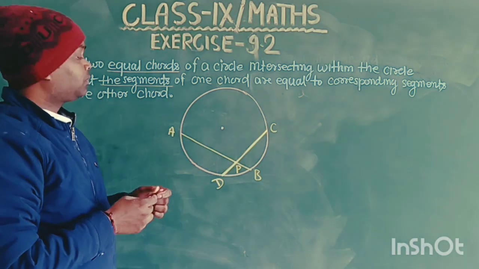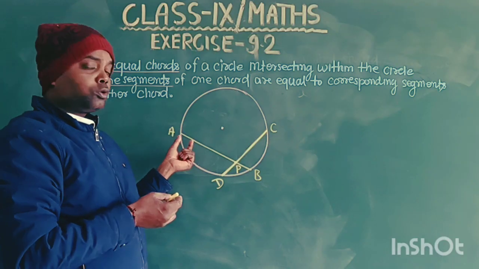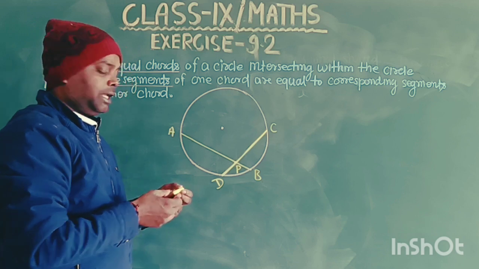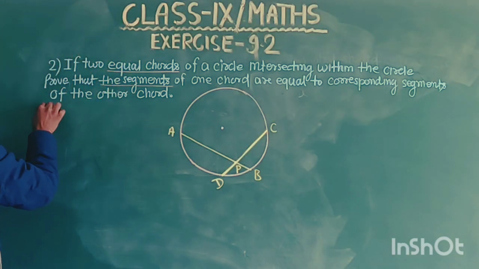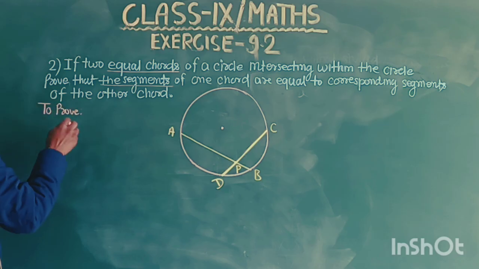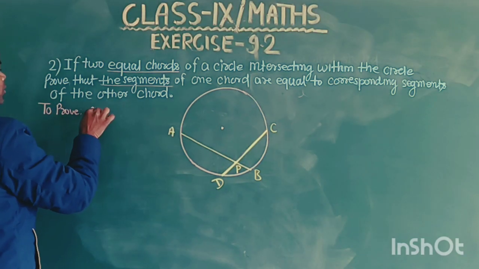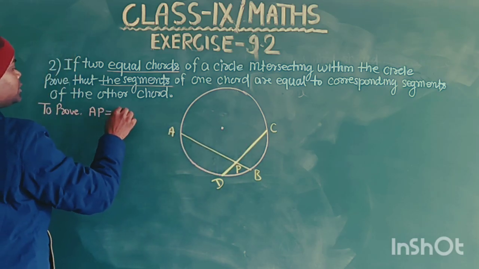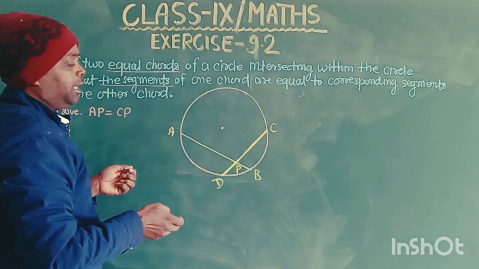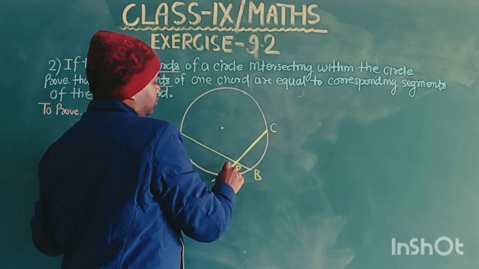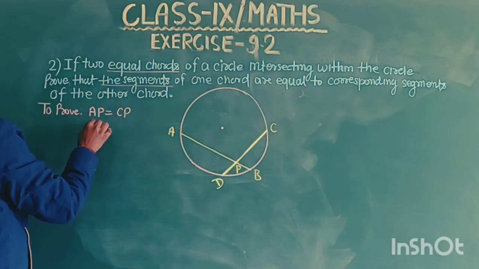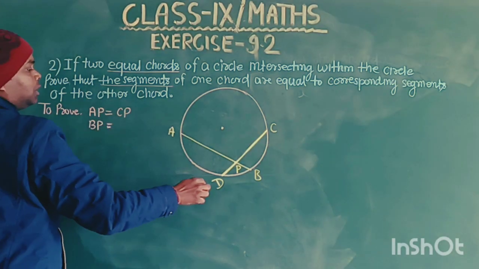And we have to prove that the segment of one chord is equal to the corresponding segment of the other chord. Means we have to prove that segment AP is equal to CP, and segment BP is equal to DP.